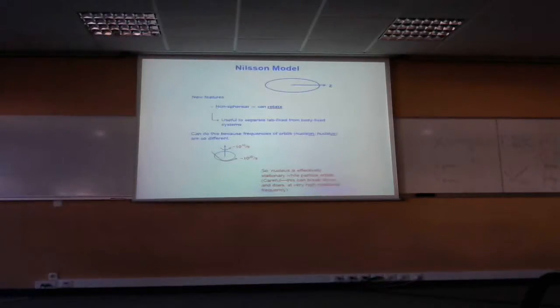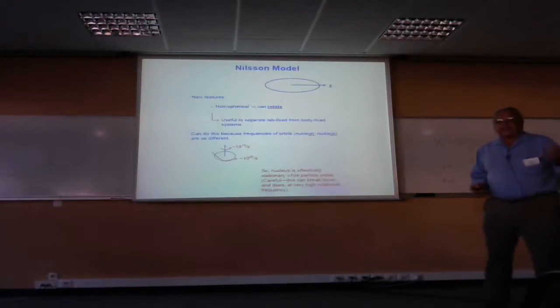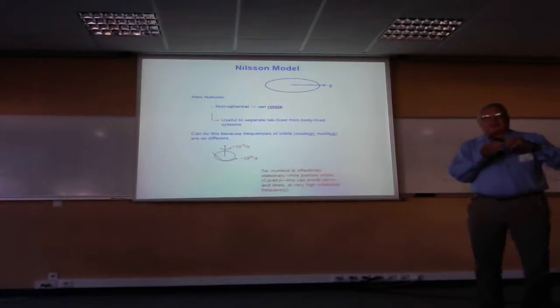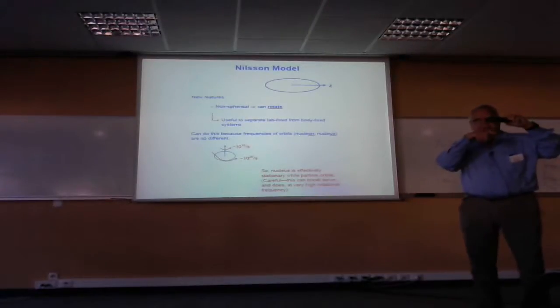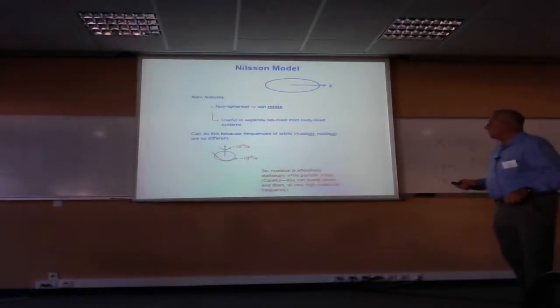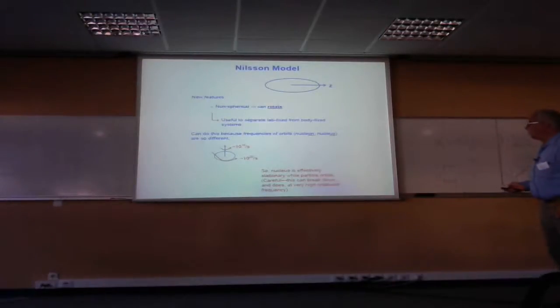Okay, so here's the Nilsson model. Here's a deformed nucleus. It's non-spherical, so it can rotate. The Nilsson model is a model that is solved in the body fixed frame of the nucleus. That is, it describes what happens inside this nucleus. But the nucleus exists in space, so it can also rotate.